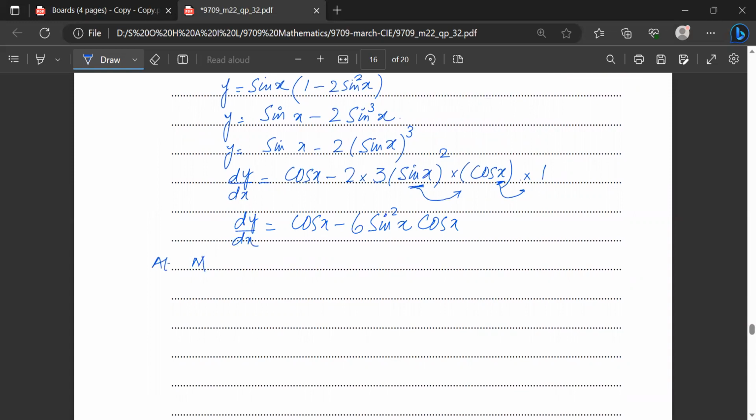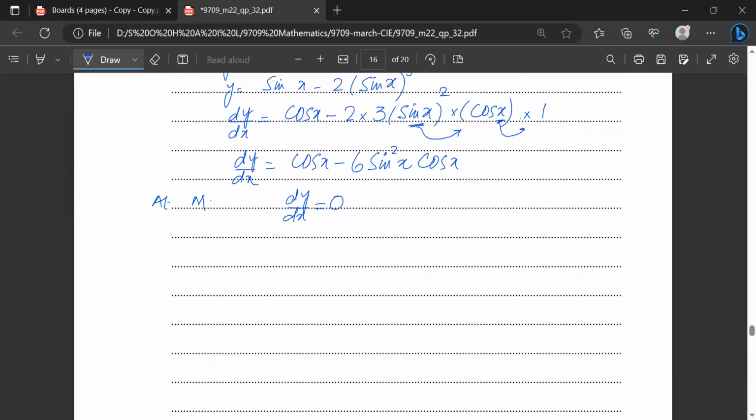At M, which is the maximum point, dy by dx is equal to 0. If dy by dx equals 0, it means cos x minus 6 sin squared x cos x is equal to 0.